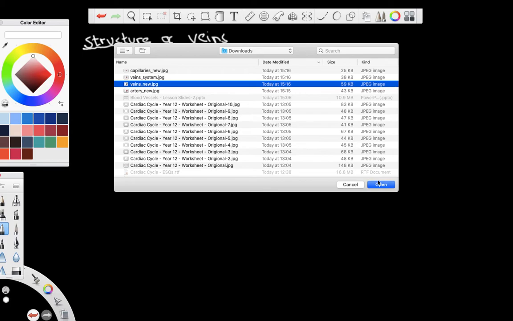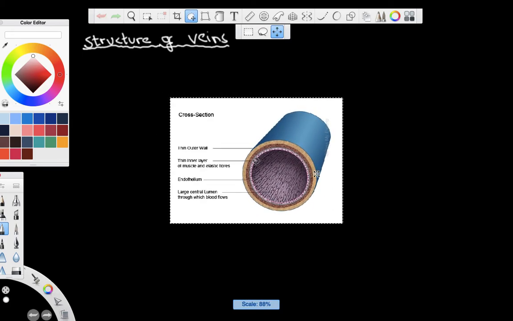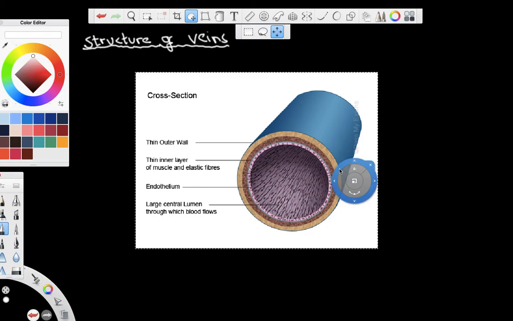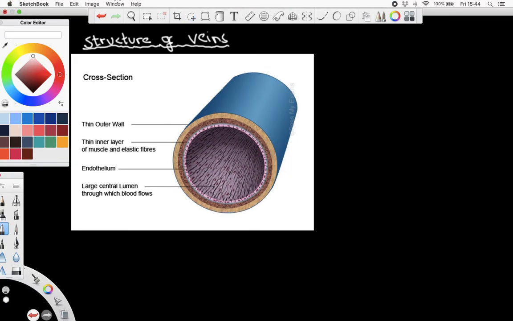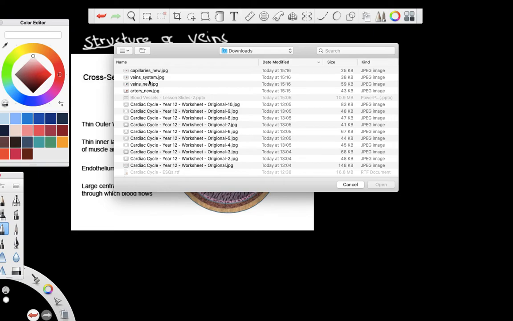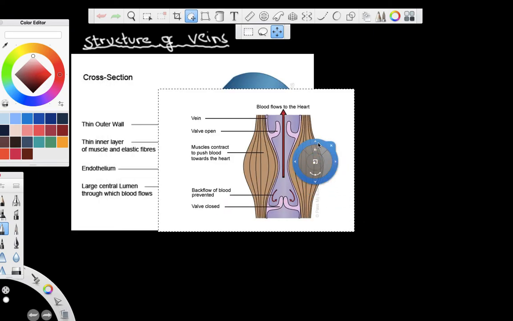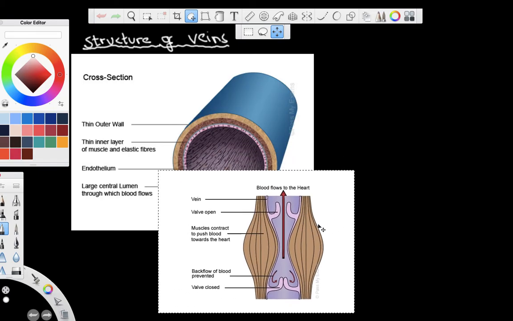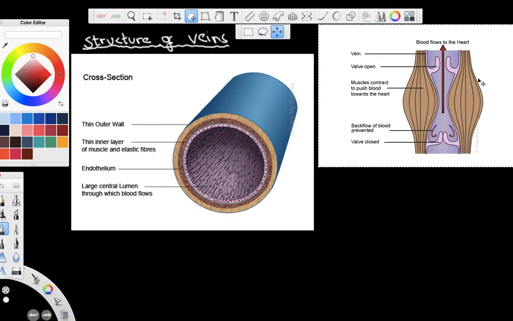I need to add them twice. We've got one diagram that looks like this. I want it fairly big so that we can read it. It's not on the PowerPoint, so you need to read it from here. And our second image looks like this. We can put this up here somewhere, like that.